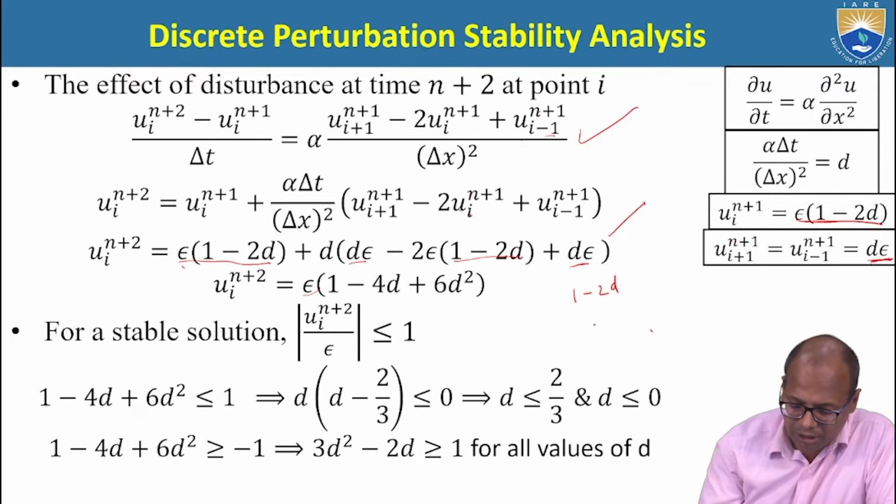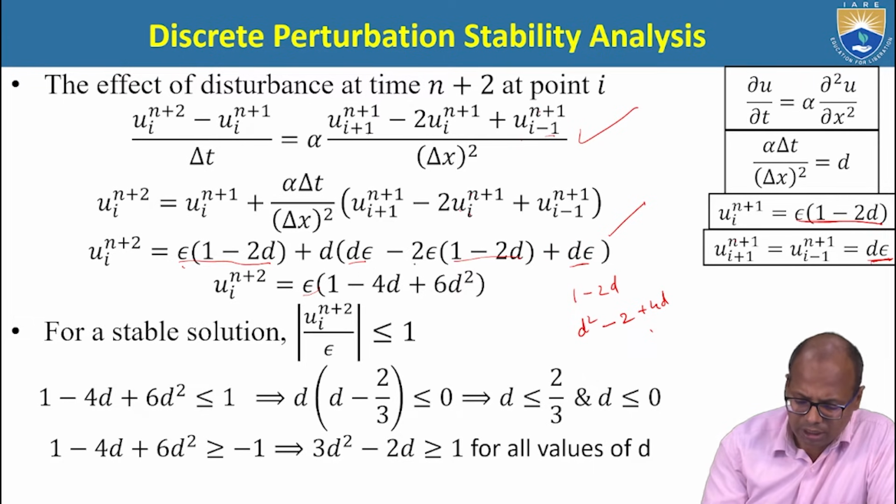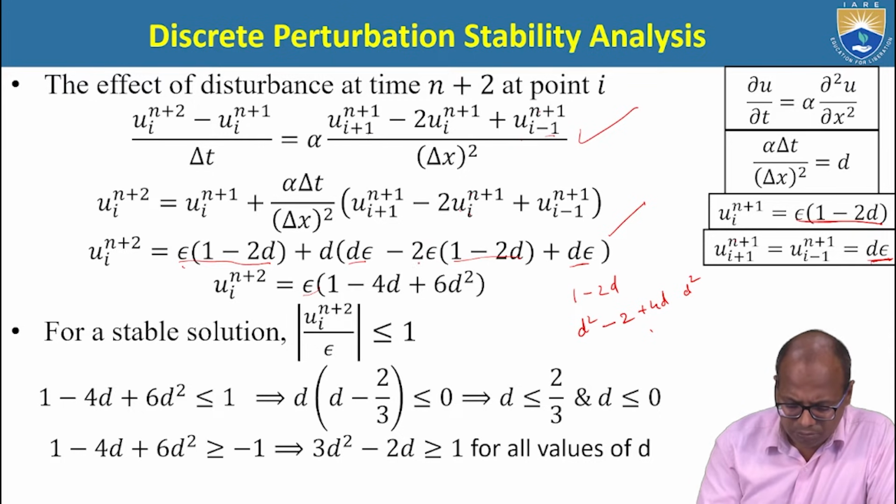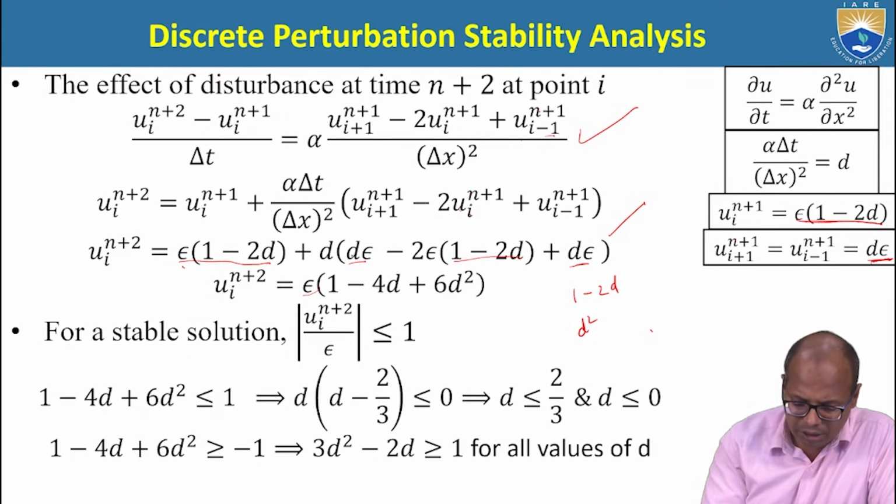So here d square is there. d square minus 2 plus 4d, and here this is again d square. This is a d square.